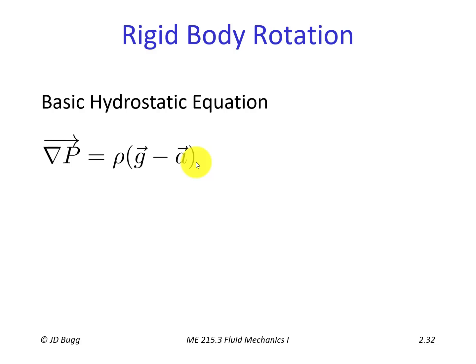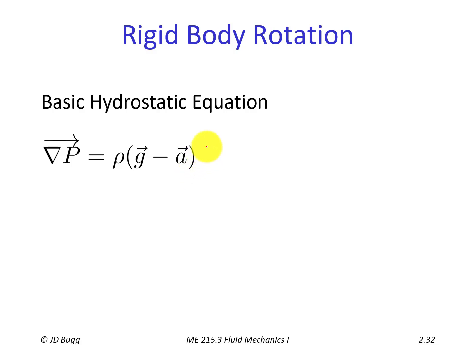As long as the fluid is in the hydrostatic state, then this equation is valid. And remember, hydrostatic state means that no 2 points in the fluid are moving relative to each other. Well, a fluid undergoing rigid body rotation still satisfies that condition. No 2 points in the fluid are moving relative to each other.